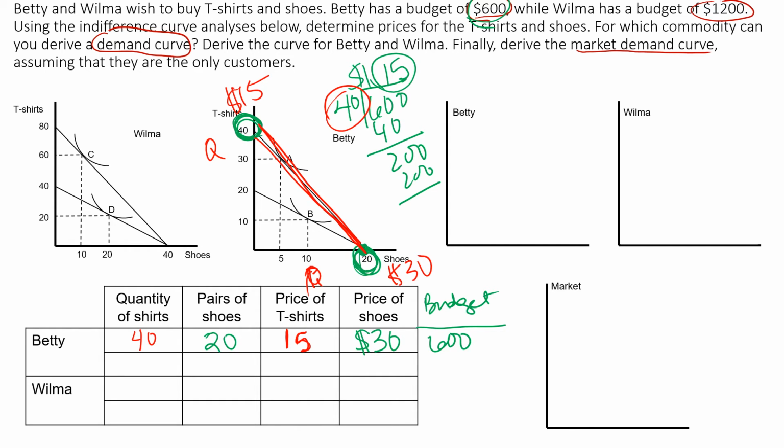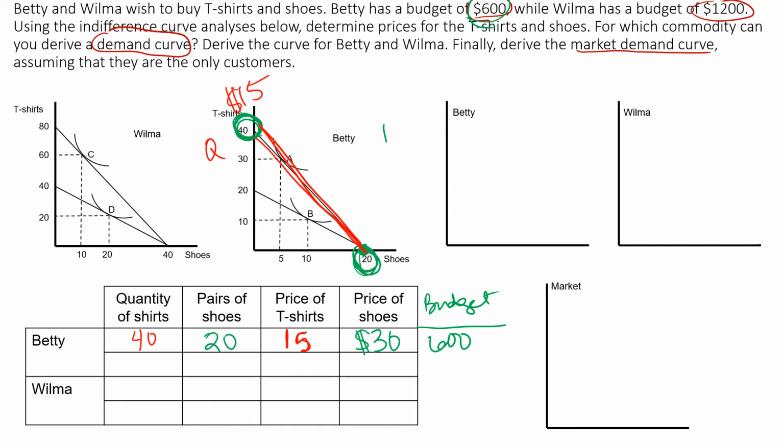Now, we have a second budget line. So we figured out everything for that red budget line there. Now let's look at this yellow budget line. So she's going to buy 20 shirts if the price is, let's figure out what that price would be.